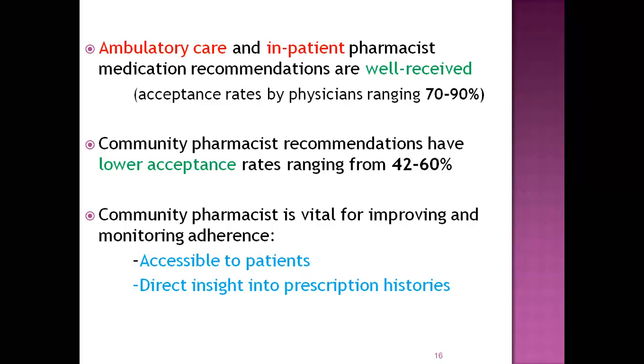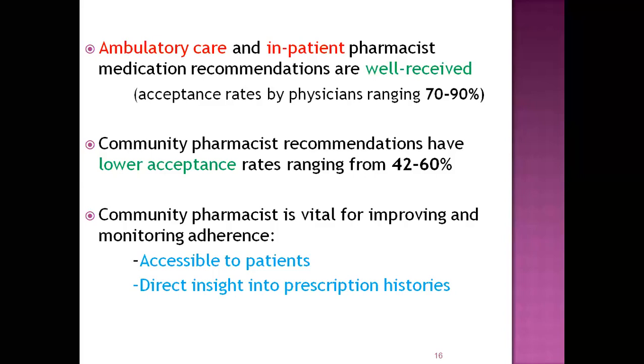Generally, the hospital pharmacy is involved in maintaining medication adherence. Whereas with the community pharmacy, the acceptance rate by prescribers is very low compared to the hospital pharmacy, near about 40 to 60% acceptance towards the community pharmacy as recommended by the physicians. Due to this, we have to avoid non-adherence through the pharmacist.